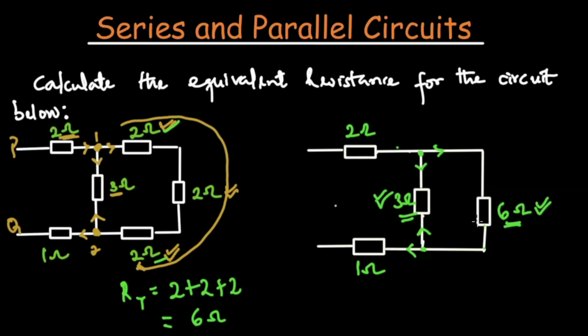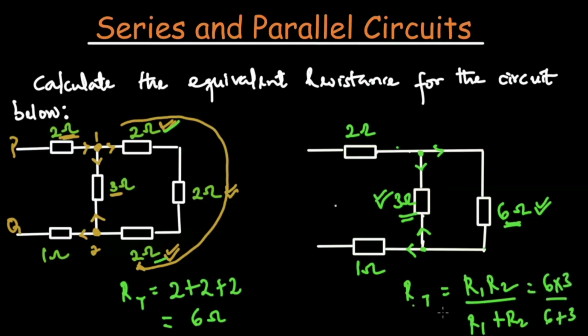So the next thing for me to do is to calculate the equivalent resistance of this parallel connection. And to do that, because I just have two resistors, I can easily say that my equivalent resistance will be R1 R2 over R1 plus R2, and that will be 6 times 3 over 6 plus 3, and that will be equal to 18 over 9, which is 2.